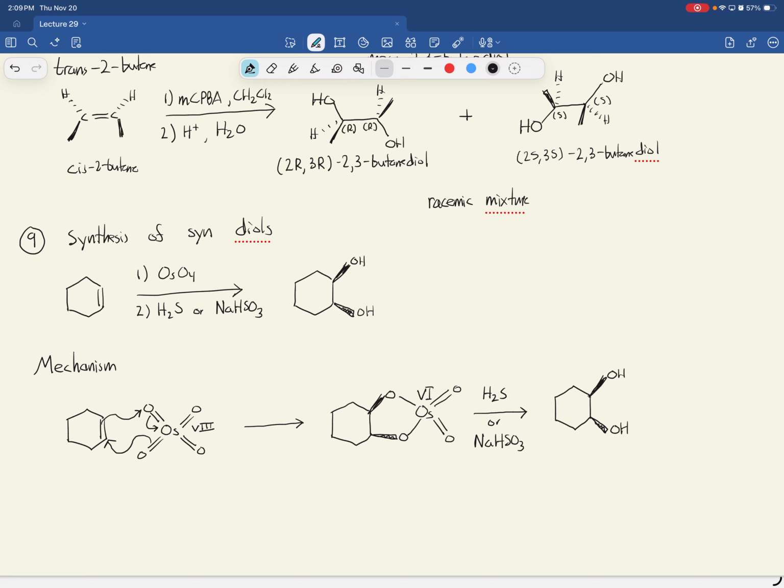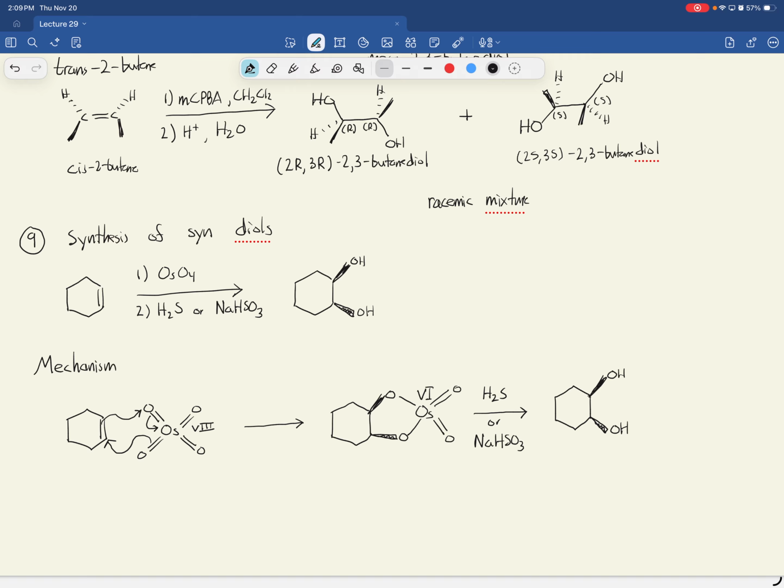So there's another reagent we can use, a much safer one, but it's much more reactive. It's potassium permanganate. And we weren't able to do this test in lab, but next semester we'll be able to. All right, so the takeaway here, osmium, syn diol instead of trans diol. Okay. Are there any questions on the mechanism?